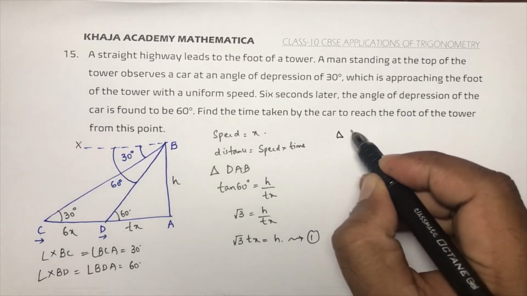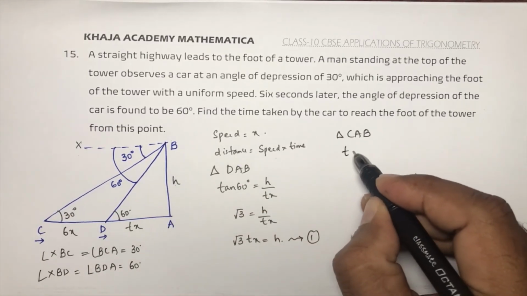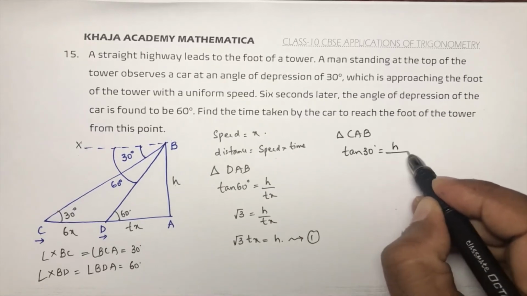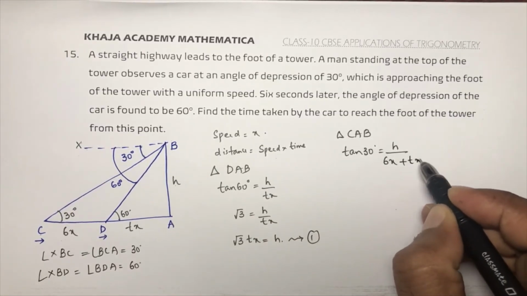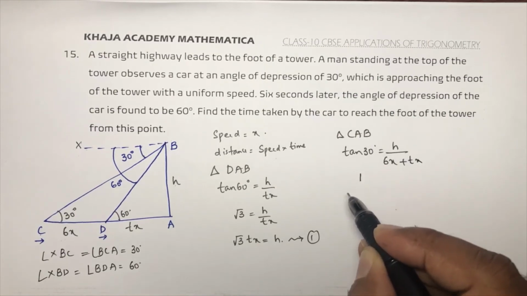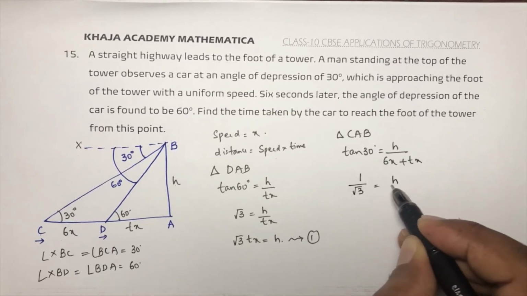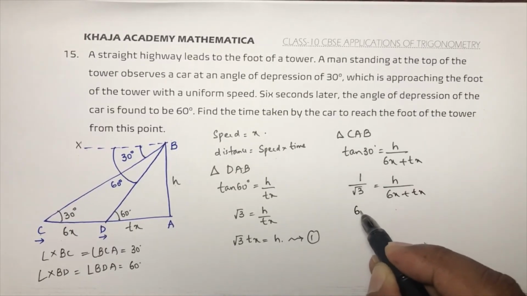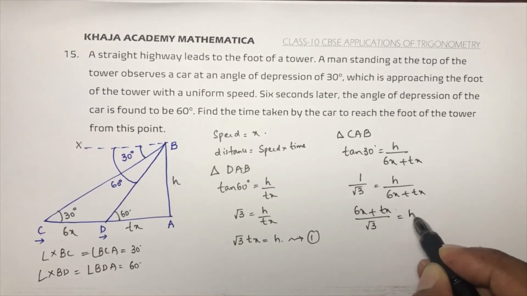In triangle CAB, tan 30, opposite is H, adjacent is 6x plus tx. Tan 30 is 1 by root 3, equals H by 6x plus tx. So (6x plus tx) by root 3 equals H.